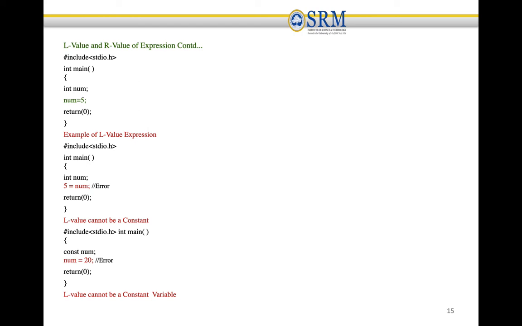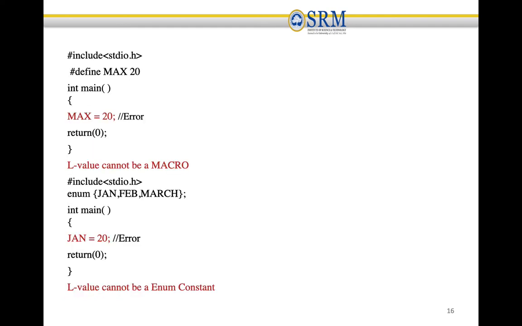In the second program, 5 equal to num is an error because the L value cannot be a constant. In the next statement, we are declaring num as constant, so we cannot assign a value to the constant variable. In the first and second programs, num is declared as an integer and here num is declared as constant, so we'll get an error from this program.